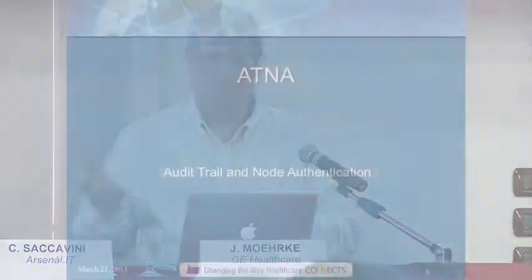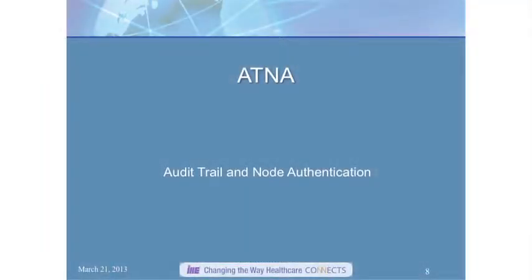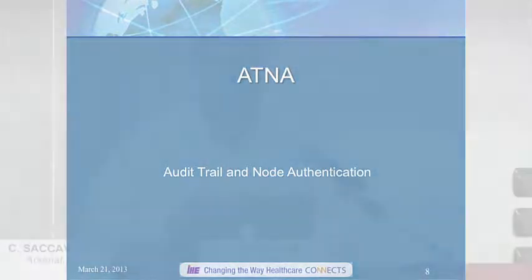So next, I'm going to get into the most fundamental of the IHE profiles for security, and it's got this funny name, Audit Trails and Node Authentication, and it's actually got three particular responsibilities.